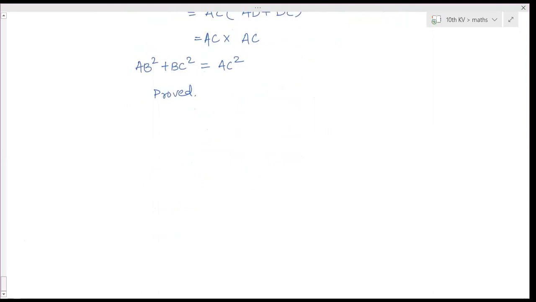So next one is converse Pythagoras theorem.